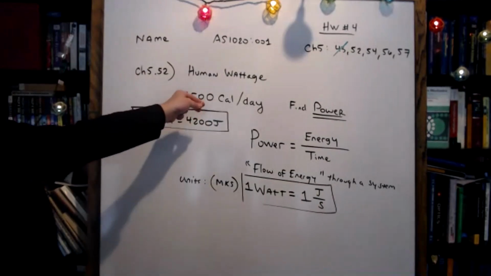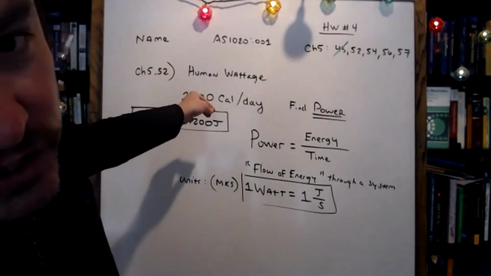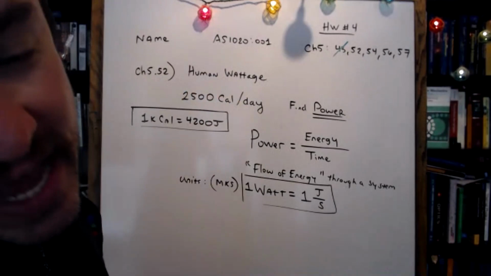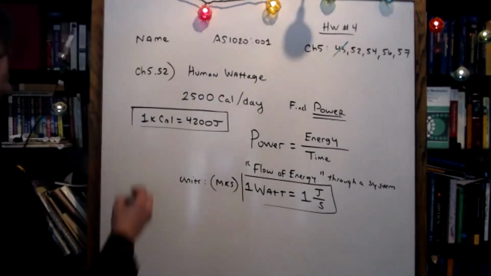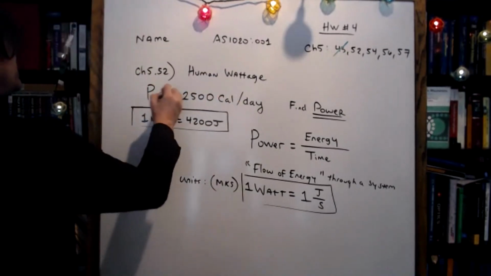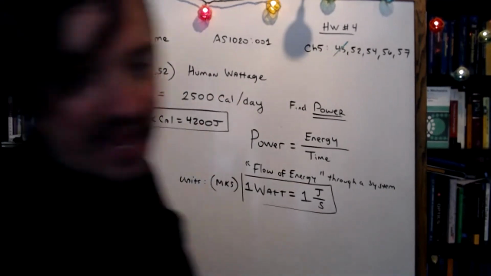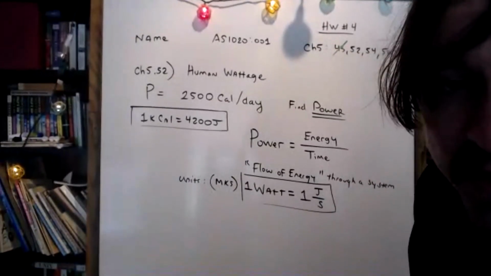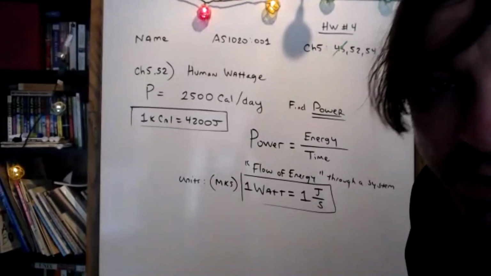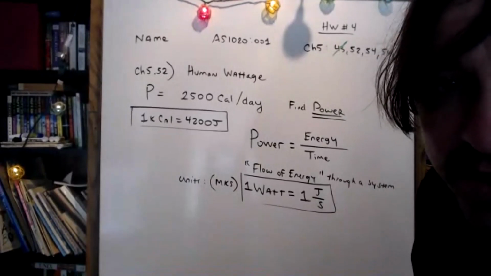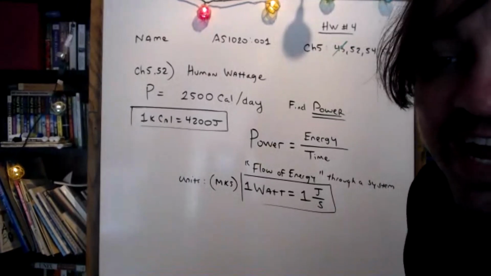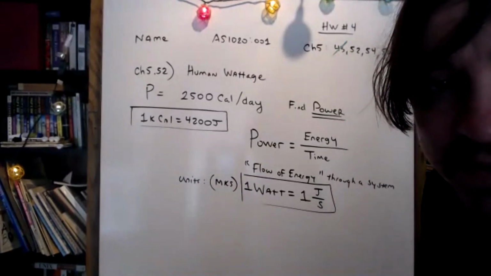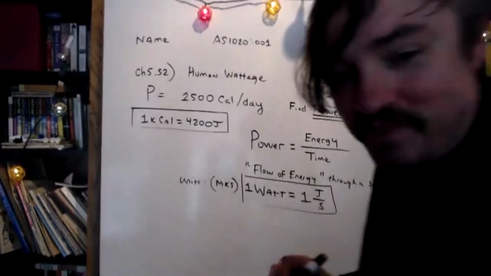However, because calories are a unit of energy, and because days are a unit of time, your calorie requirement of 2,500 calories per day is also a power. That means you are the equivalent of a light bulb. You require a certain amount of energy to shine. And we want to figure out how much energy that is.